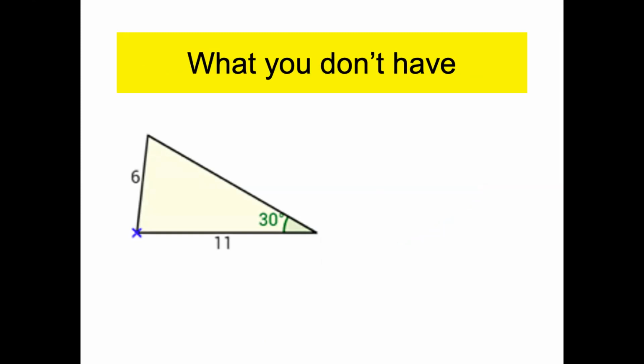But there's a problem, and the problem is where this blue X mark is. Because you're not telling me how big this angle is where the X is, it gives me two options. Well, clearly I could attach right here, but it also could attach right here. It intersects that dotted line in two different places.